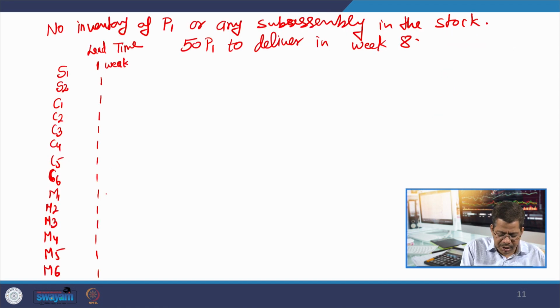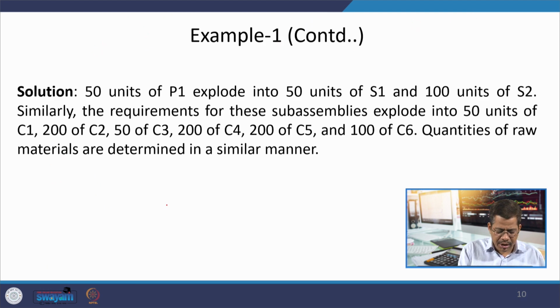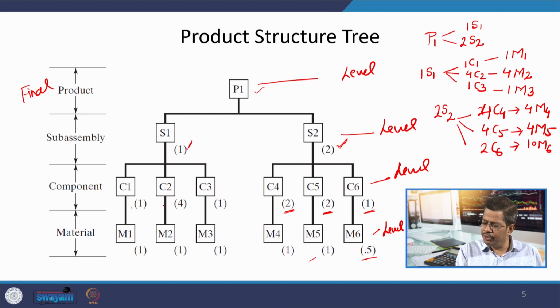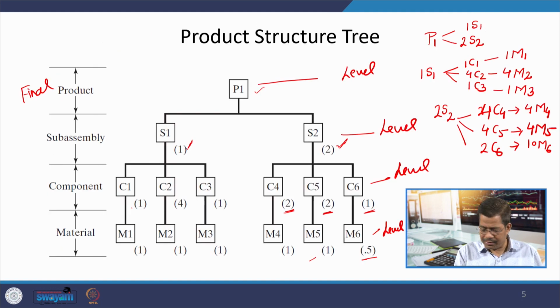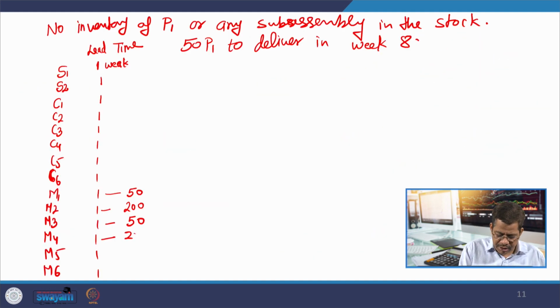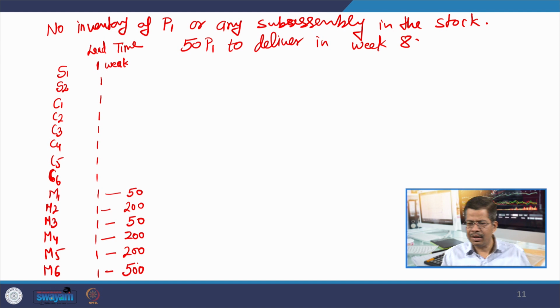So, for 50 you require 50, for 50 you require how many M2? 50 into 4, 200 M2, 50 M3, then let us see how many M4, 4, 4, 10, 200, 200 and 500. These are the number of units which we require for M1 to M6.